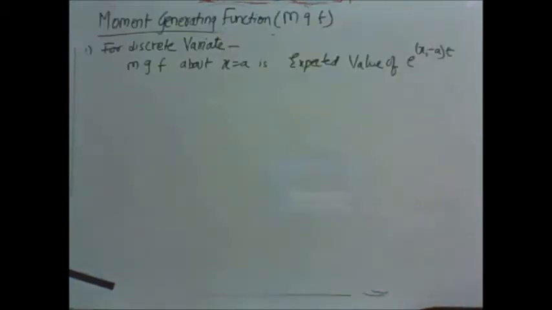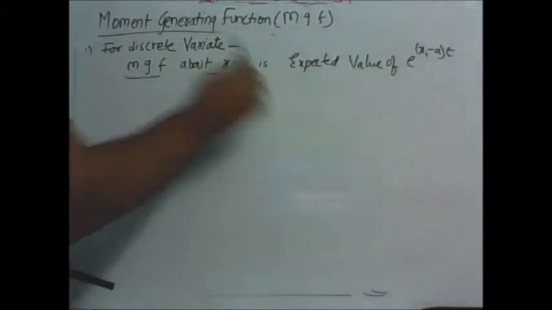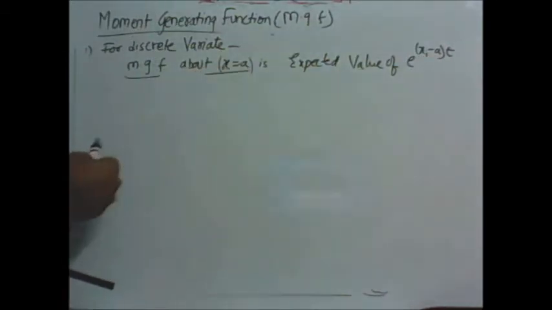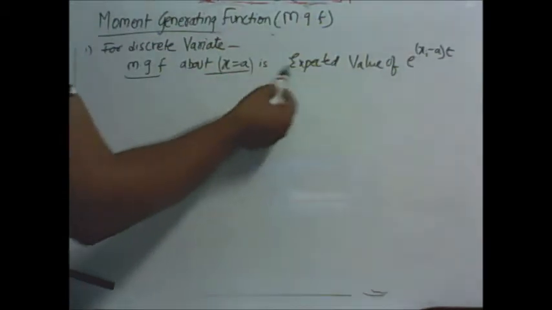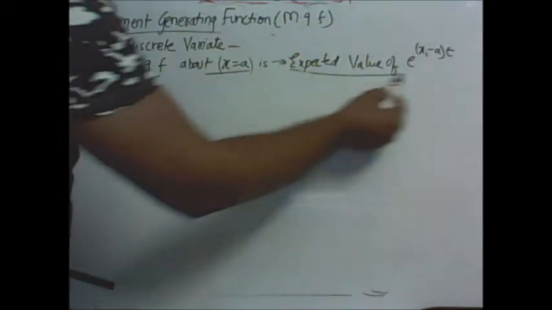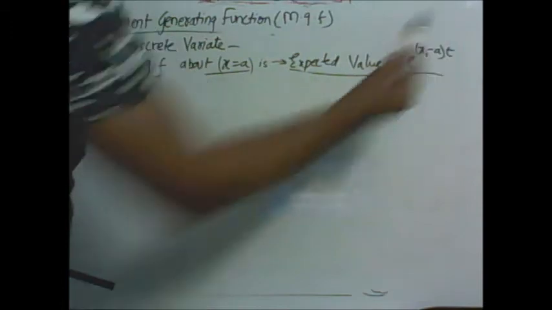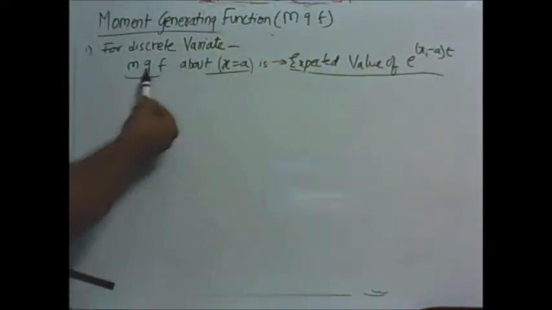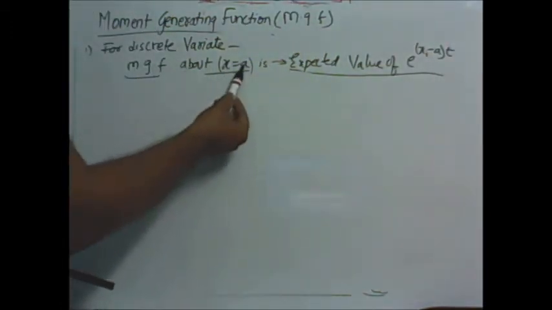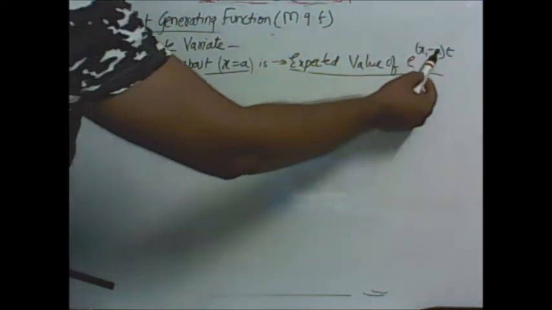Now coming to the next concept, moment generating function. As far as discrete variables are concerned, moment generating function about x equal to a is nothing but expected value of e power xi minus a into t. If moment generating function about x equal to 0, then e power xi minus 0 into t.